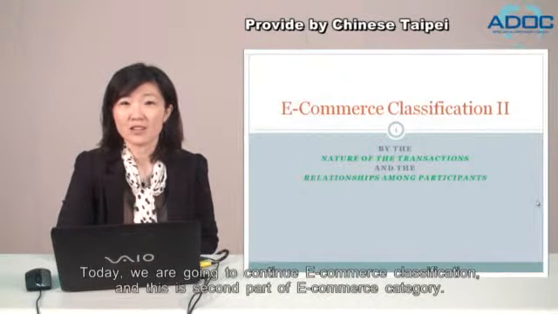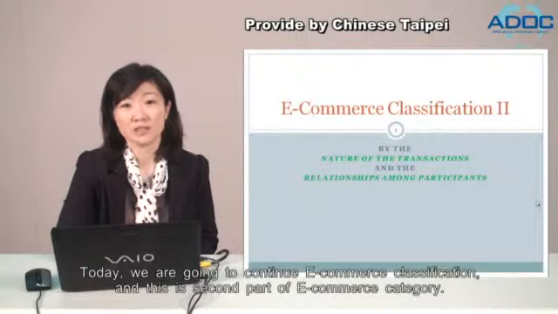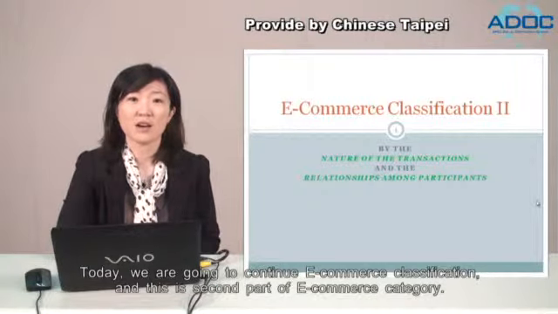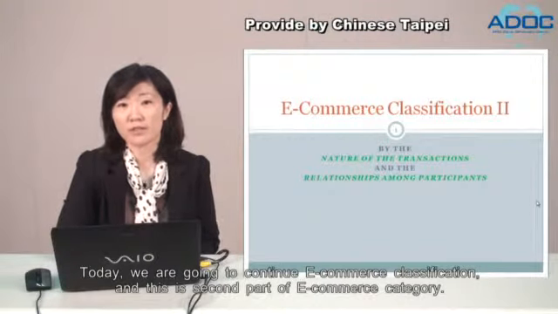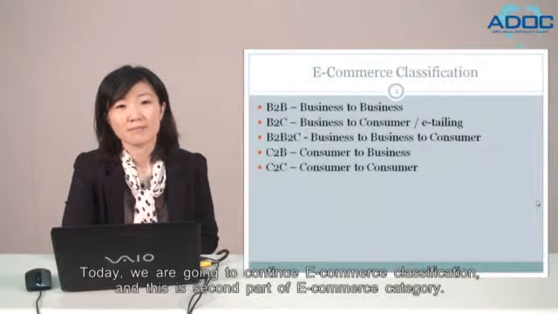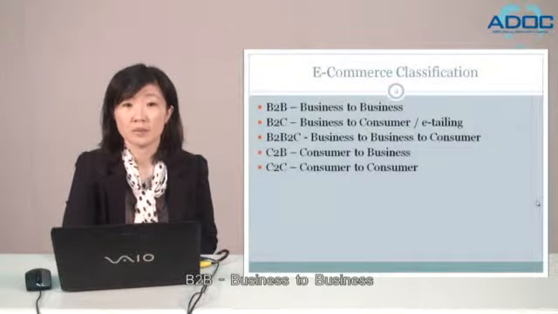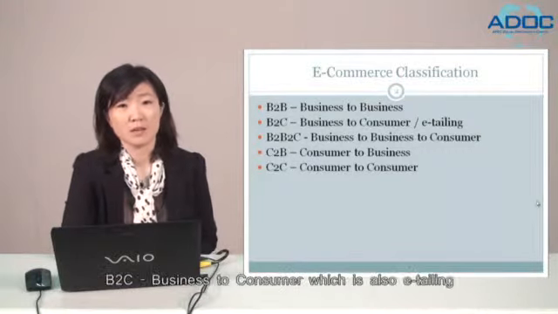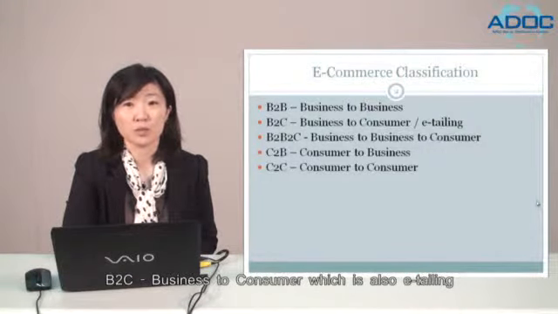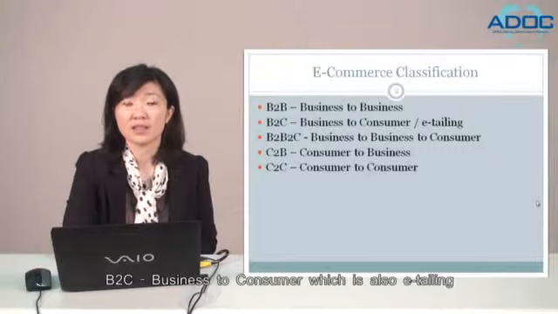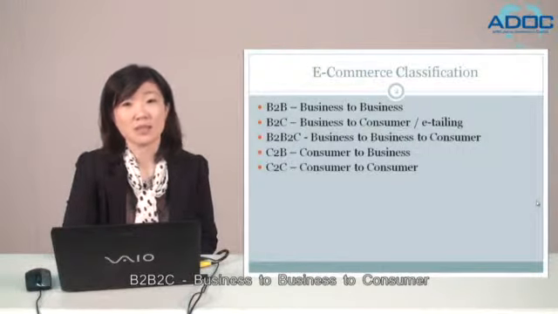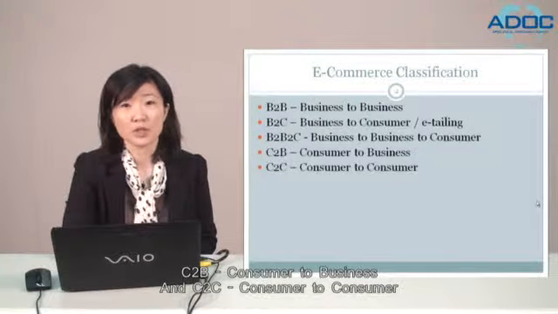Today, we are going to continue e-commerce classification, and this is the second part of e-commerce category. In the last class, we have talked about B2B, business to business, B2C, business to consumer, which is also e-tailing, B2B2C, business to business to consumer, C2B, consumer to business, and C2C, consumer to consumer.